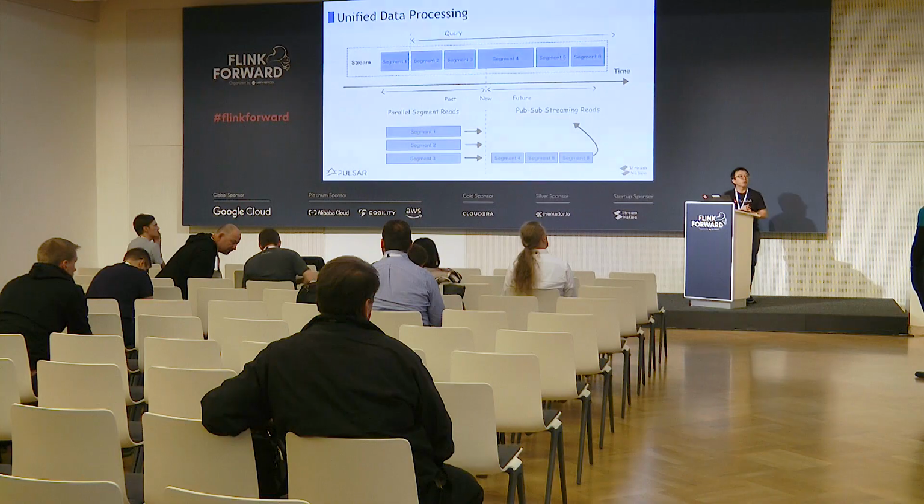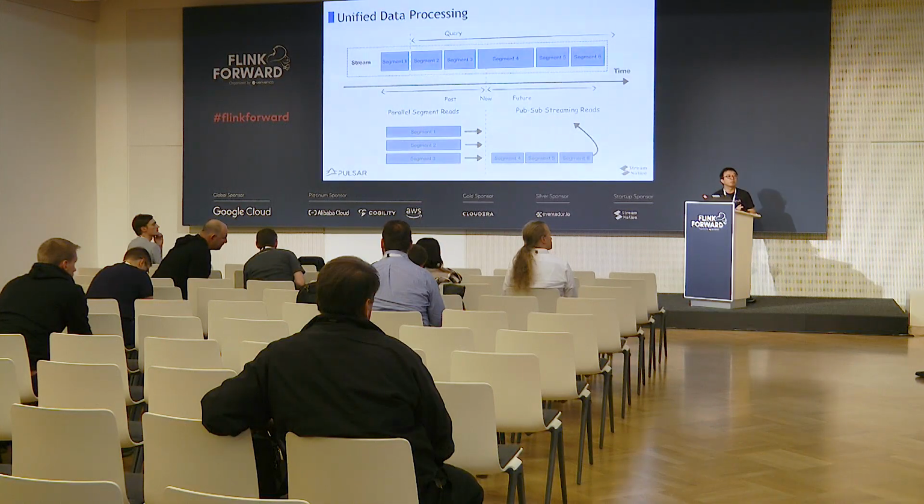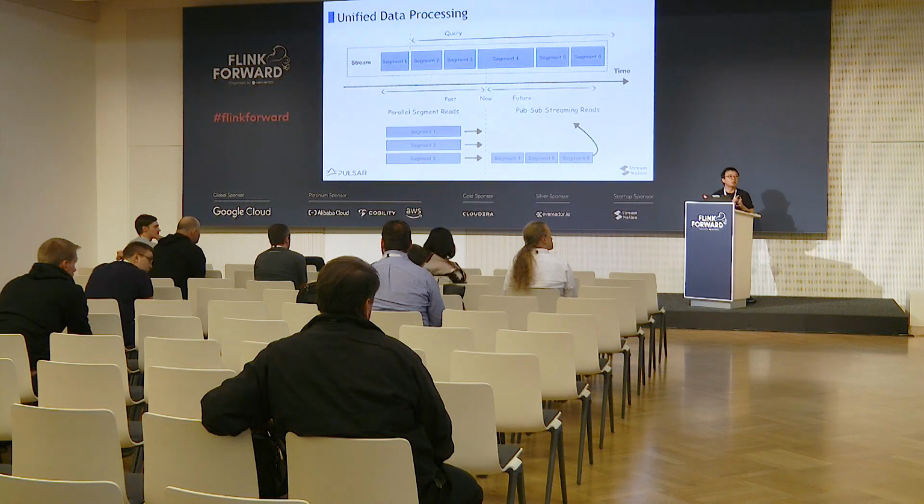But underneath, I think Pulsar can do more work to differentiate whether the data you try to access is from tiered storage or from the broker, and give back the signal to Flink, and then Flink can schedule the task in the best way. Yeah, I think it would be a very nice showcase of the capabilities within the story. Right. Yeah.